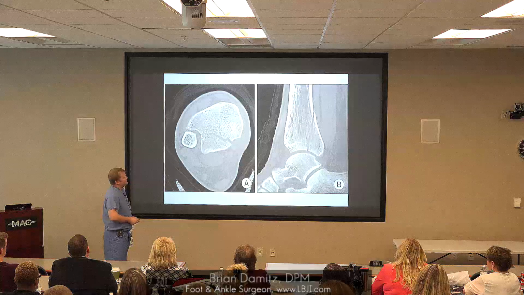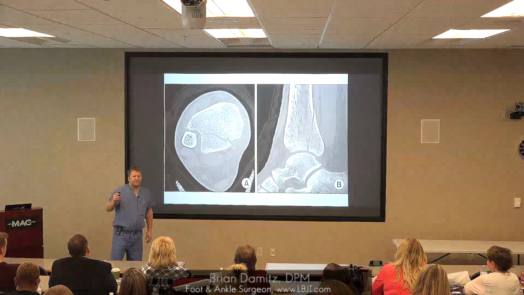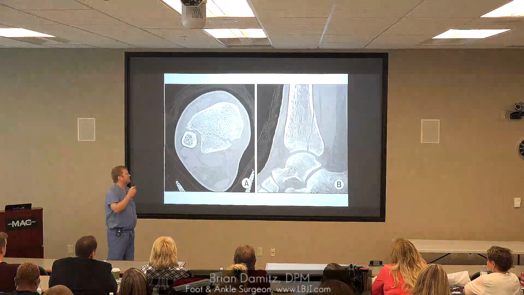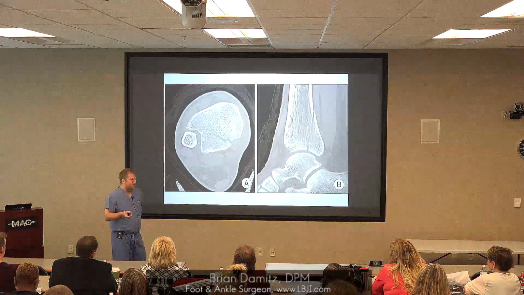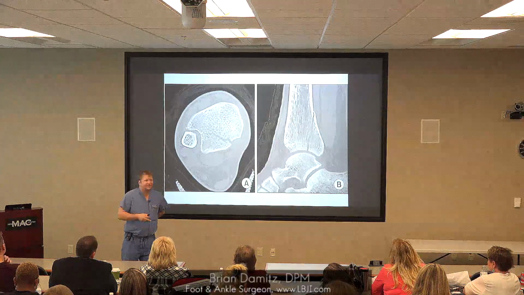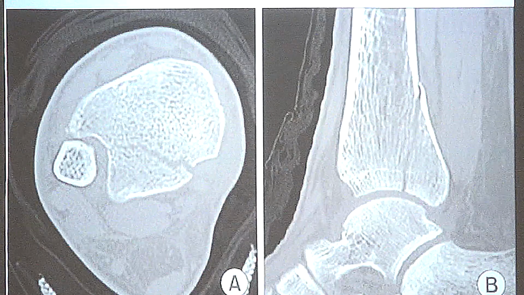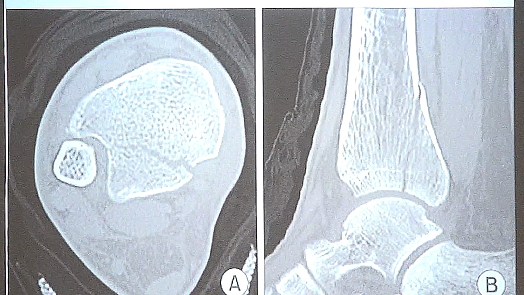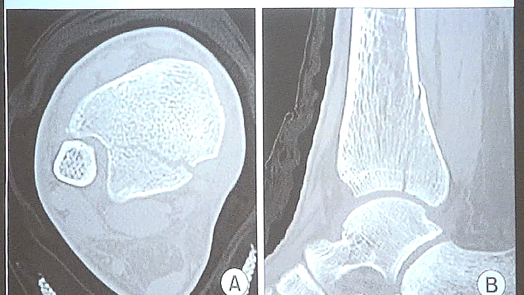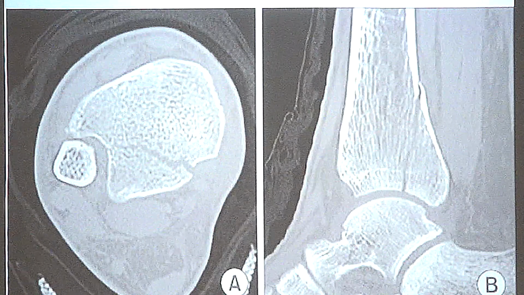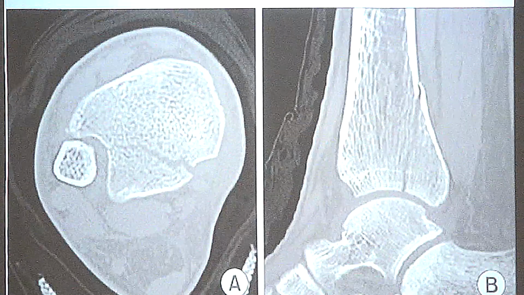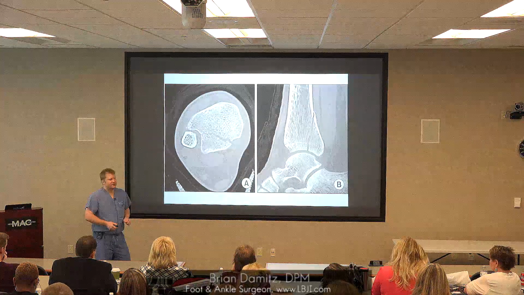The rule of thumb is if it's greater than 33% of the articular surface, 25%, sorry. If it's greater than 25% of the articular surface involvement, meaning you see this section is greater than 25% of the articular surface, then in theory it should also be fixed. If it's less, then you don't need to worry about it. It should be fine.